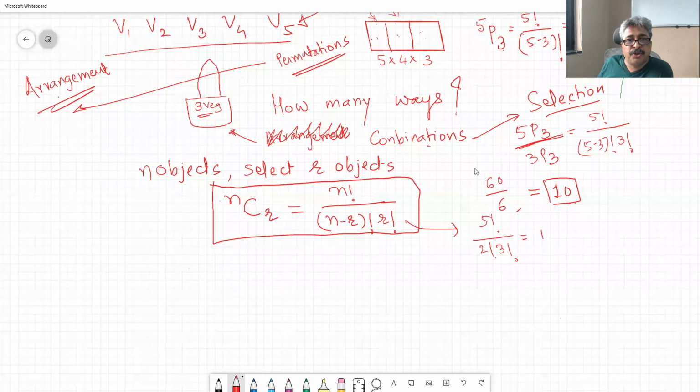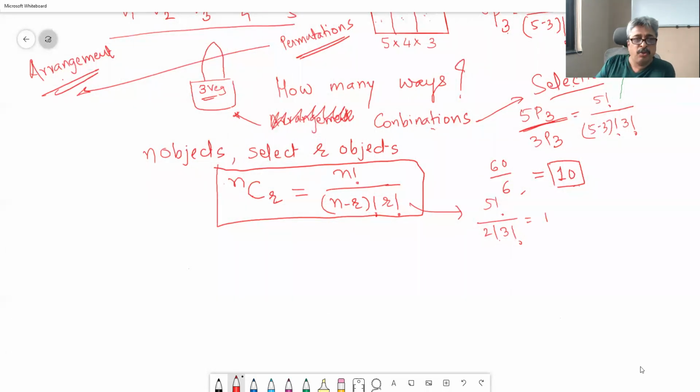Having developed this notation, what is our notation now? If we want to select R objects out of N objects, it can be done in NCR ways. Sometimes NCR is written like this, sometimes it is also written like only CR, where N is assumed even if it is not written.